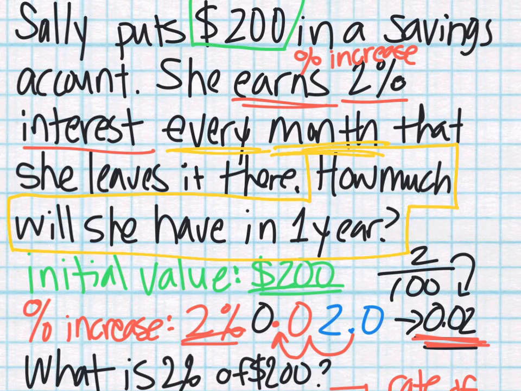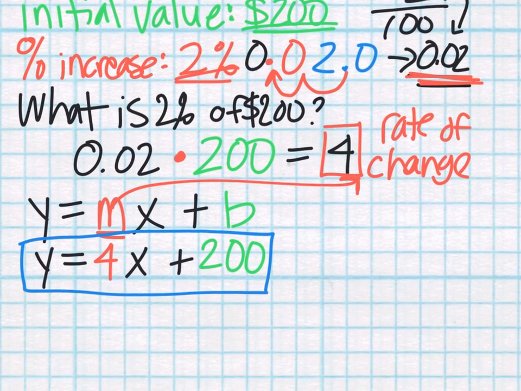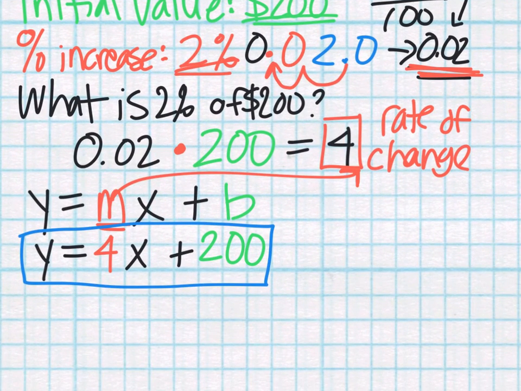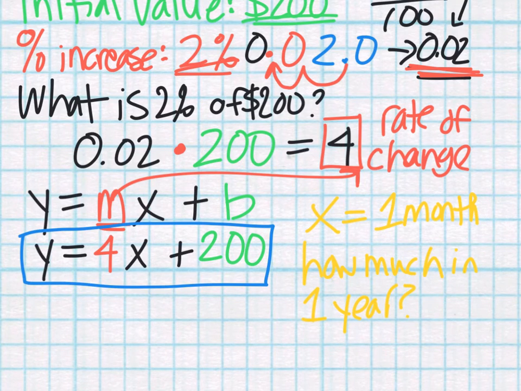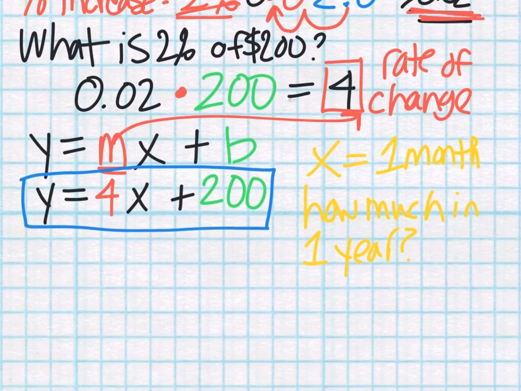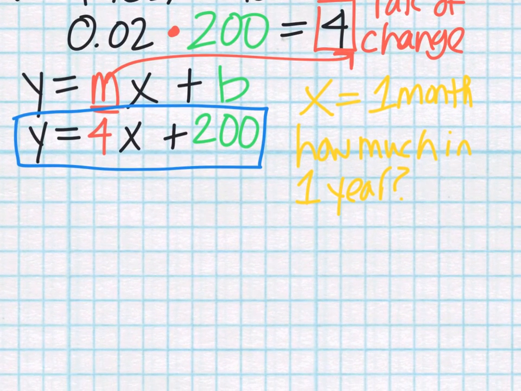So how much will she have in 1 year? How many months are in a year? So we know x is 1 month. And our question says, how much in 1 year? So I have to convert years into months.